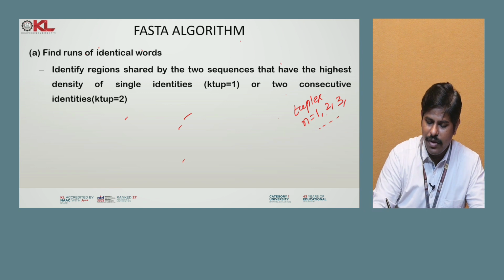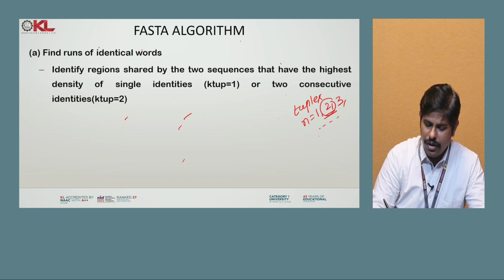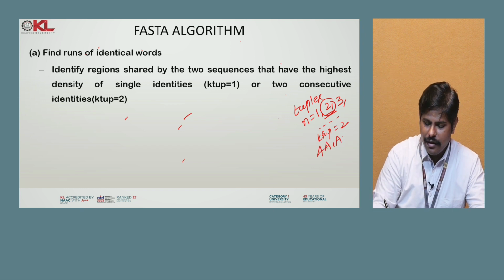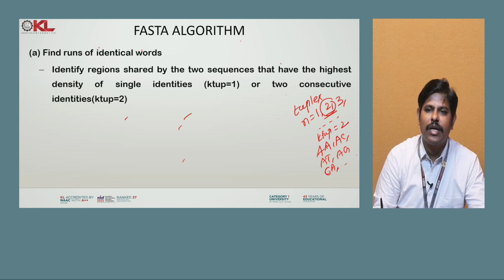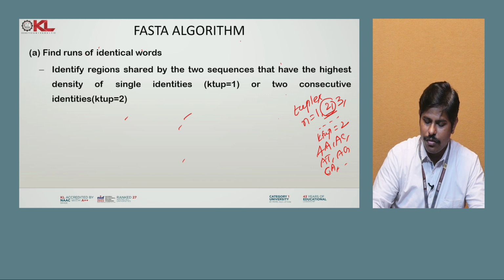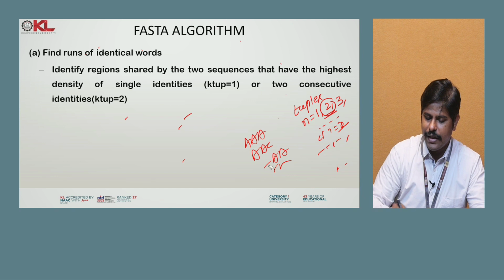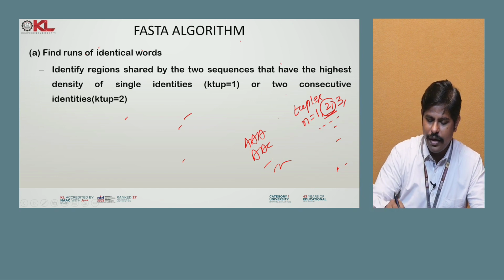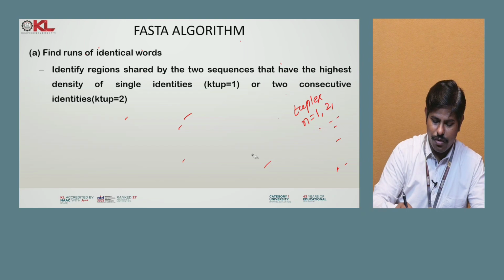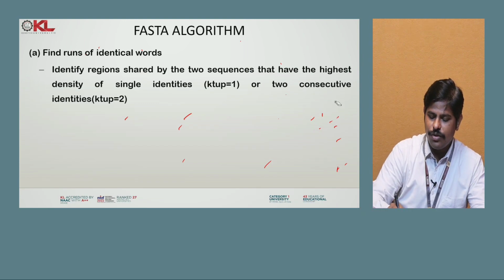Basically we start from 2. So k-tuple equal to 2 means in DNA you have AA, AC, AT, AG, CA, CG. When tuple is 3, you have AAA, AAC, AAG and AAT. The user will decide what tuple to take when designing their own concept, but the Fasta algorithm uses a tuple of 3 for protein sequences.